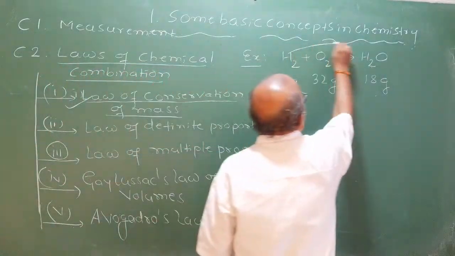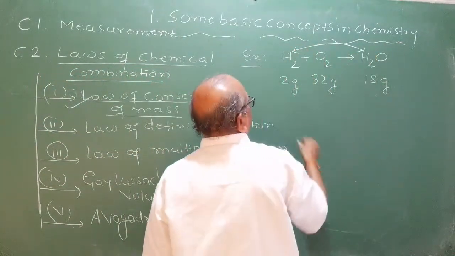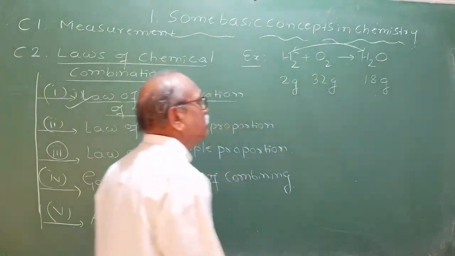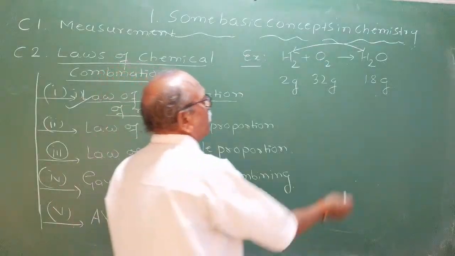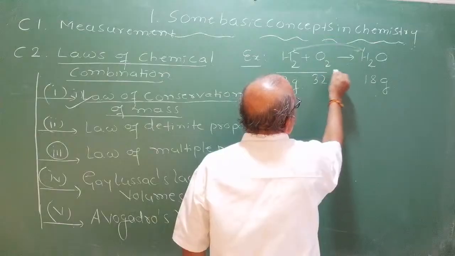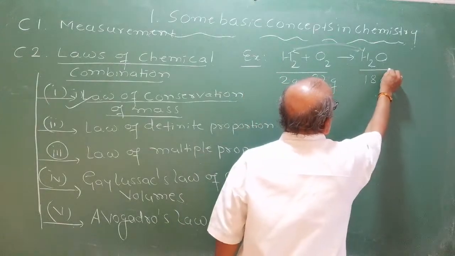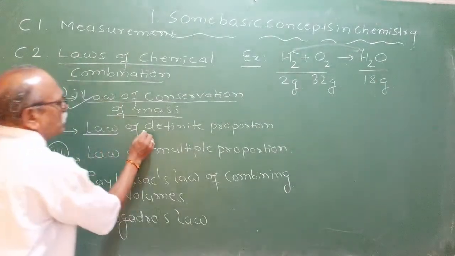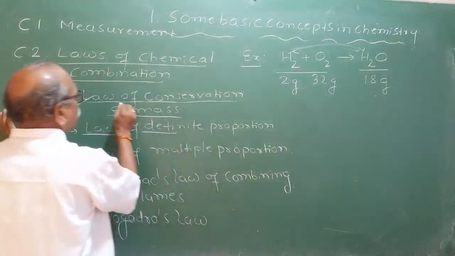Hydrogen is neither created nor destroyed, but 2 atoms of oxygen give here only 1 atom of oxygen. Therefore, you are told to balance the chemical equation, because the number of atoms in the reactant side must be equal to the number of atoms in the product side. This was for the first time given by this law of conservation of mass.